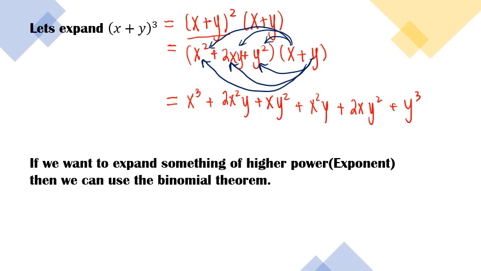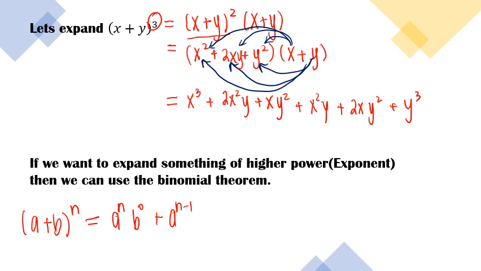Now I could rearrange these to show a certain pattern, but instead I'm just going to show you with the binomial theorem. The binomial theorem will help us expand things that have, instead of 3 there, like 5 or 7, and you don't want to FOIL it out. So I'm going to write this as a to the n, b to the 0.